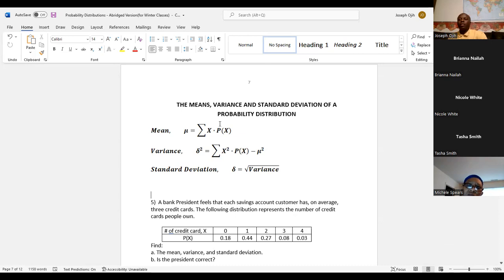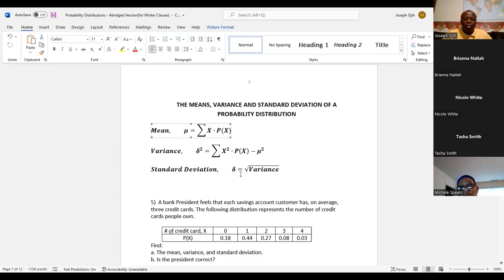For a probability distribution, the mean, which has the symbol mu, is the sum of x times the probability of x. The variance, with the symbol sigma squared, is, remember that this symbol means sum, that means to add, the sum of x squared times the probability of x, then minus the mean squared.